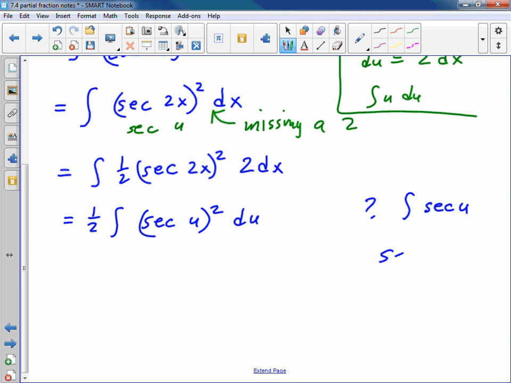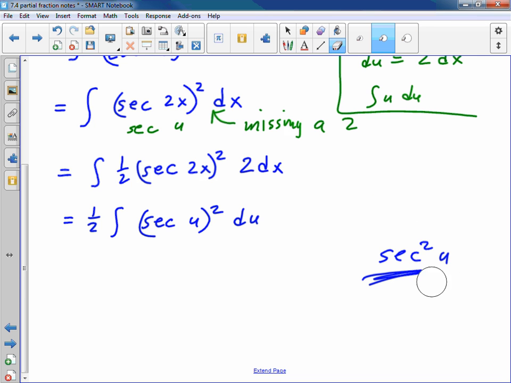Or secant squared u. That'd be even better. Look for a secant squared. That'd be even easier. If you could find secant squared, we'd be golden. And I believe there is one.